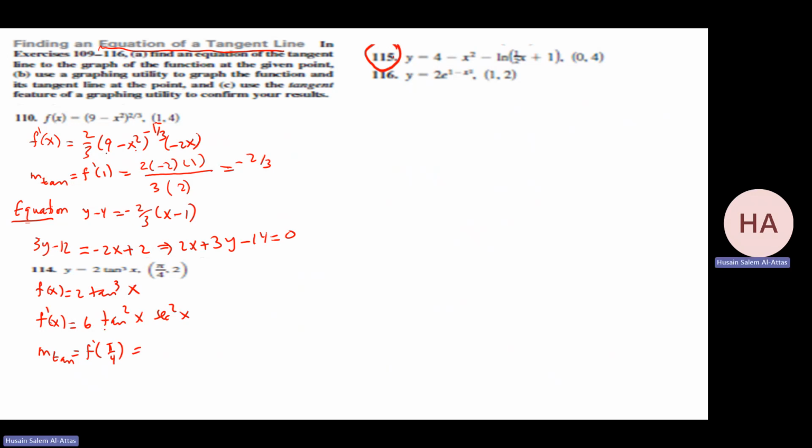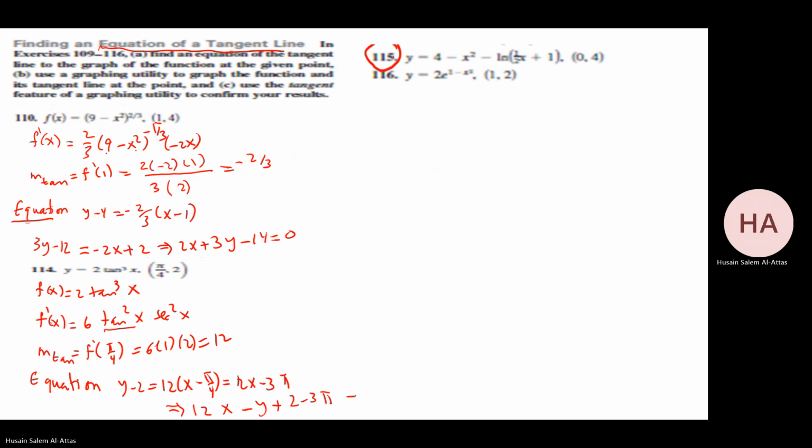That will be, here tan is 1, 6 times 1 times 2, that is 12. Okay. So the equation would be y minus 2 equals 12 times x minus pi over 4, which is 12x minus 3 pi. So I can write the equation as 12x minus y plus 2 minus 3 pi equals 0.